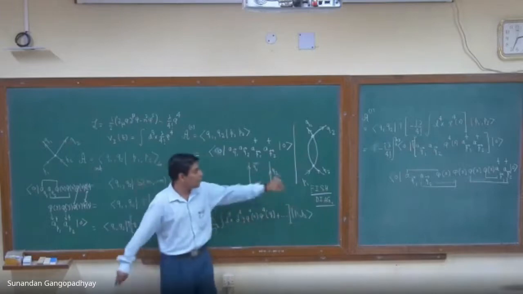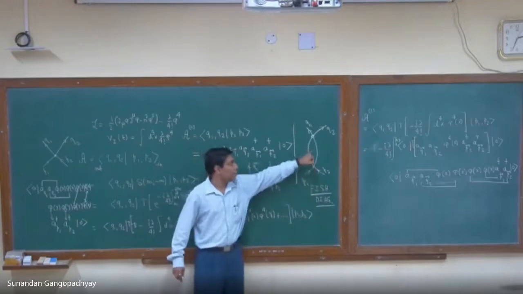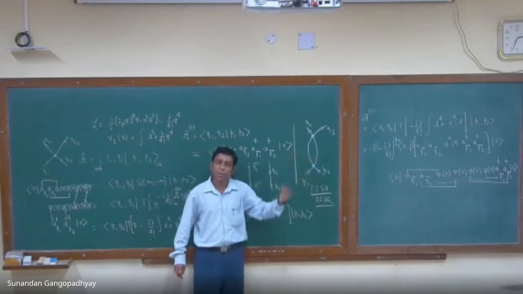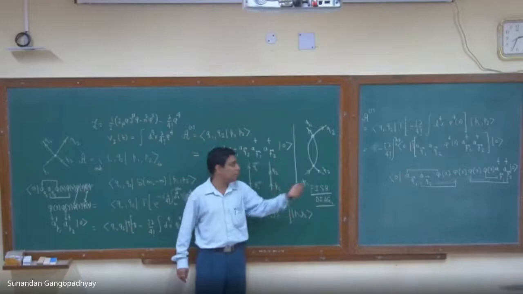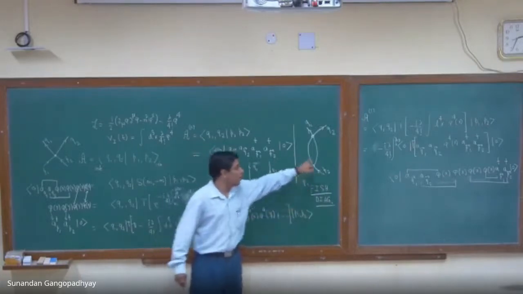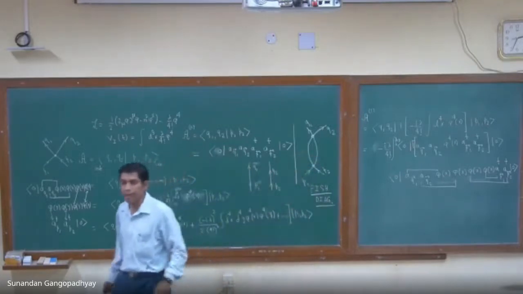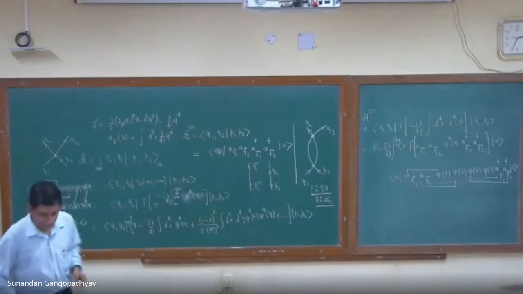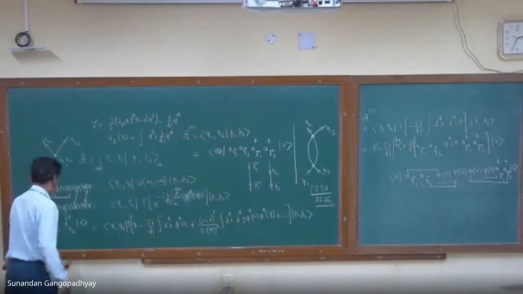You can actually immediately write down the expression for this diagram using the momentum space Feynman rules. That you can do immediately. But let us have some practice. Let us write the expression for this diagram in the position space. So let us do it now.